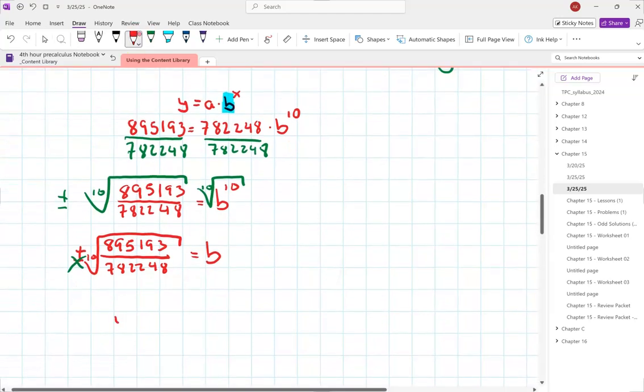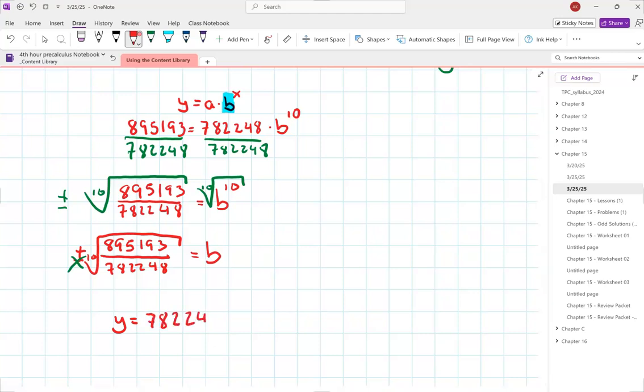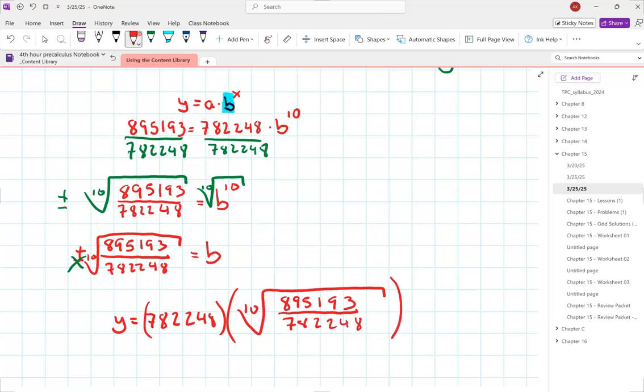So our equation then is going to be y equals 782,248 times the 10th root of 895,193 over 782,248 to the x.